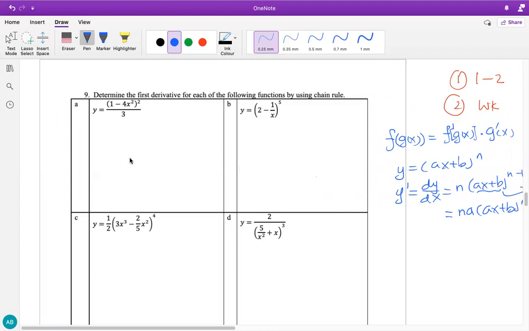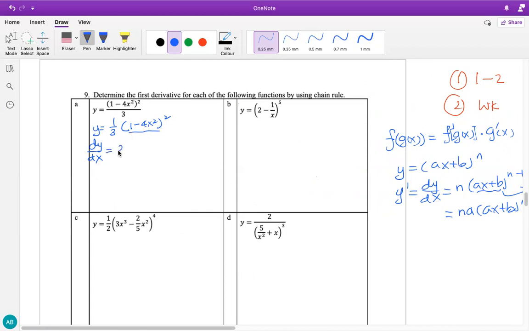Okay, so we differentiate. You can see here, if we write everything, it becomes (1 minus 4x squared) to the power of 2 over 3. So when I differentiate dy/dx using this form, I differentiate the bracket first.